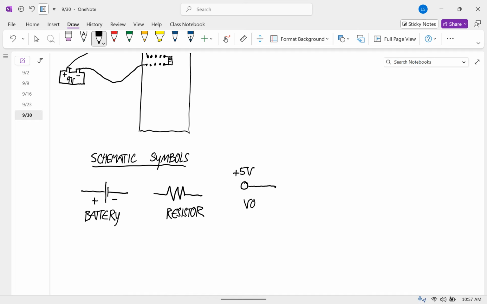So this is called a voltage source. And then this is the symbol for the ground. And you can think of the ground as having 0 electric potential.